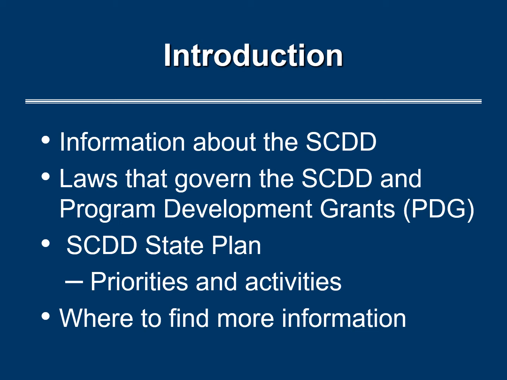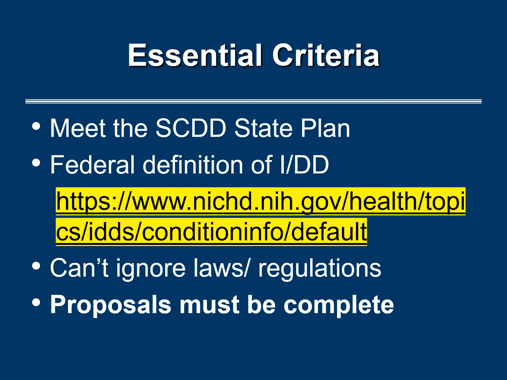The contents include essential criteria for all proposals. This section reviews important things a proposal must address to be considered, including that it meet the State Council's state plan. Even if you have a wonderful idea, if it isn't related to the State Council's goals and objectives, it won't be funded.